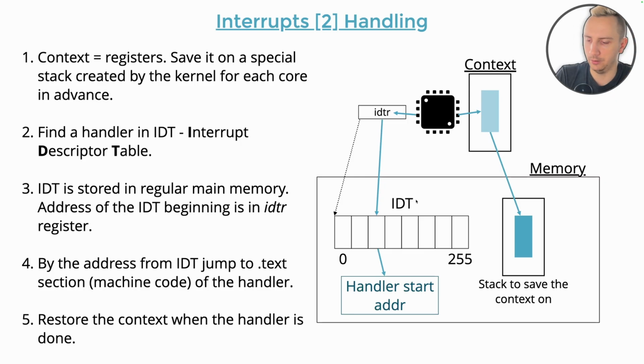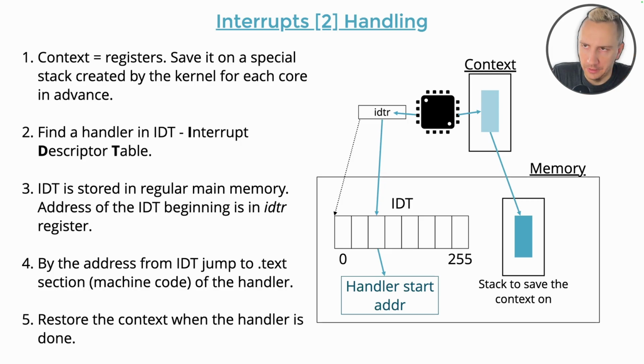This array is plainly stored in the main memory, and there is a special register IDTR where the beginning of this array is saved, address of this array. And when the interrupt needs to be handled, the CPU will take address of the beginning of this array, use number of the interrupt as an index in this array, and will just invoke the function by that index.